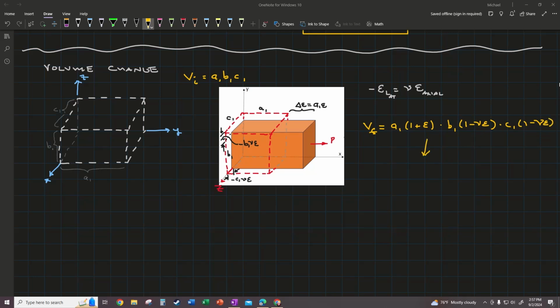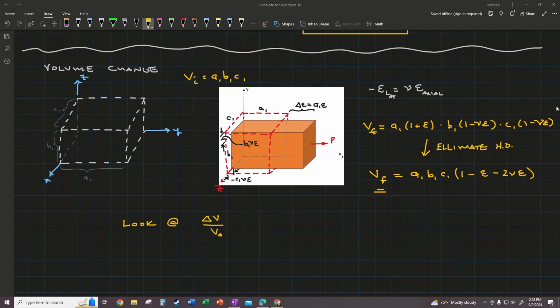If you multiply this out, you're going to get some higher order terms in strain, and we want to look at small strains, so we're going to eliminate the higher order terms, and I'm just going to give you the result. We can simplify that with this relationship right here.